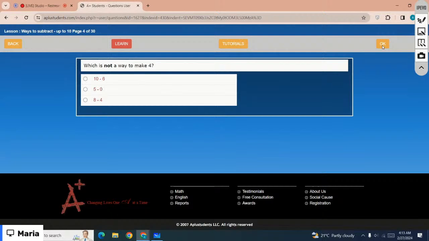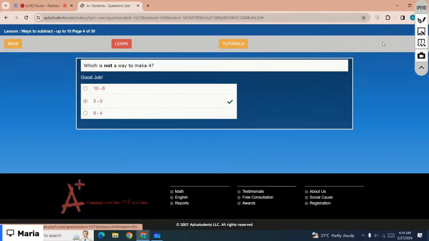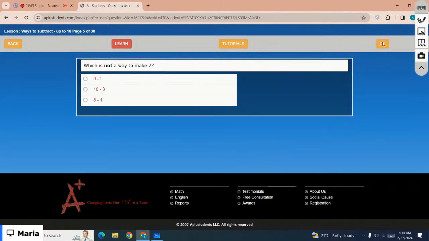The correct option is 5 minus 0 because the other 2 make 4. So that is the only option that is not a way to make 4. Got it?